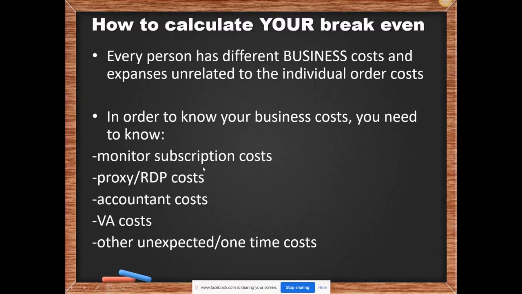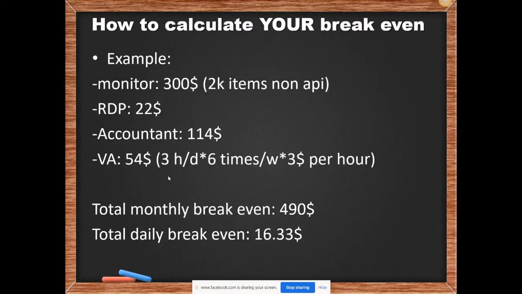So what I'm trying to say is that if you want to know your real profit number, your net profit from the business, you have to know how much all of this costs you, on a monthly or daily basis. I've put an example here for you guys.